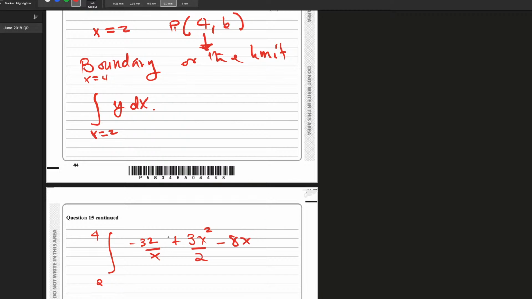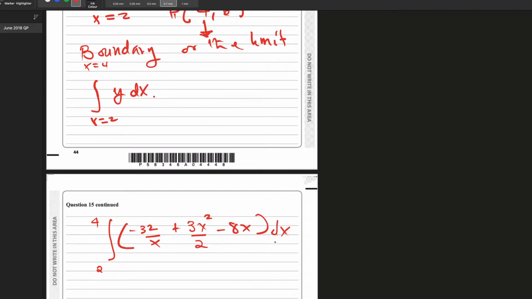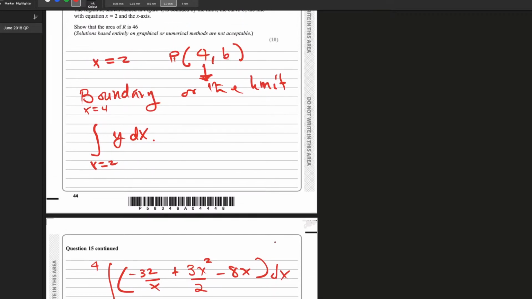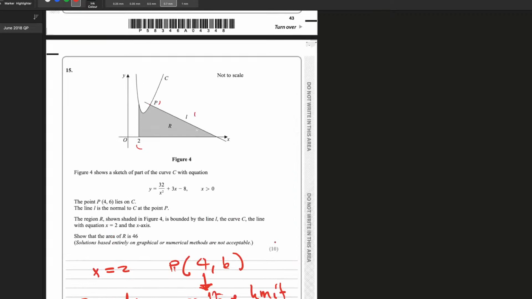That will be the integration that we've been given.